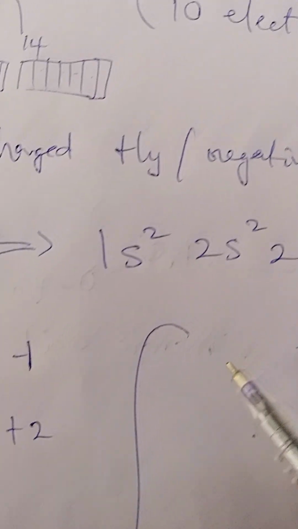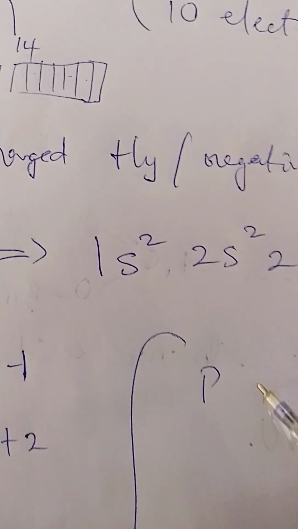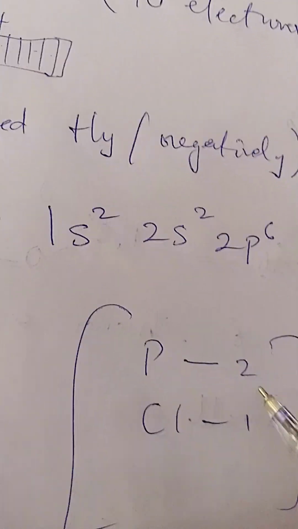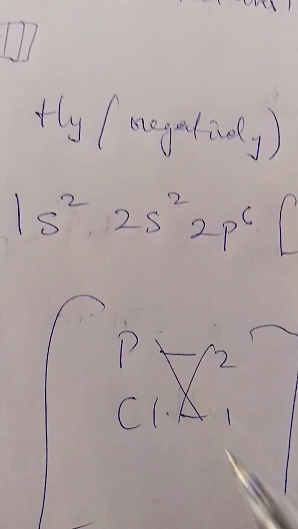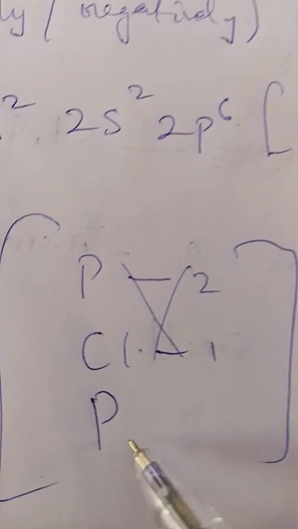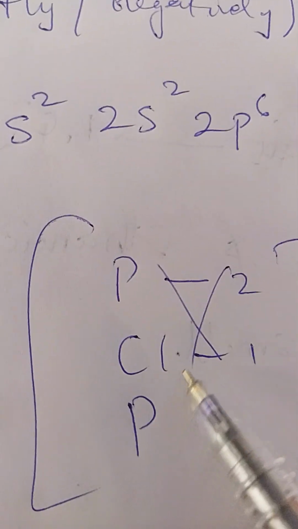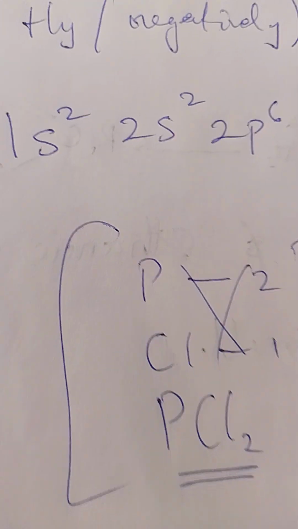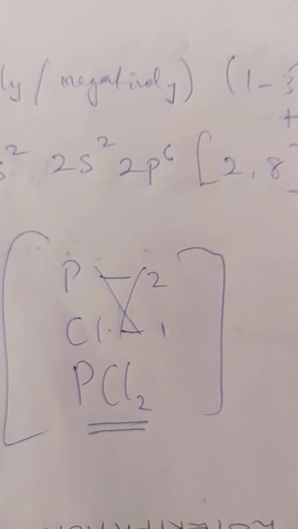So now we want to make the compound. P has 2, Cl has 1. When they exchange their valencies, P will have 1, and chlorine will collect the valency of P, giving PCl2. So this will be the possible compound of its chloride.